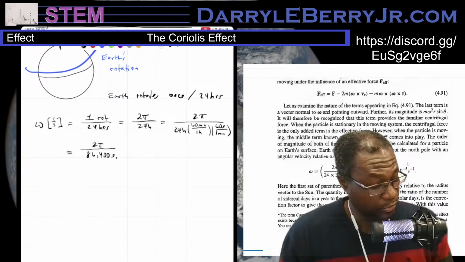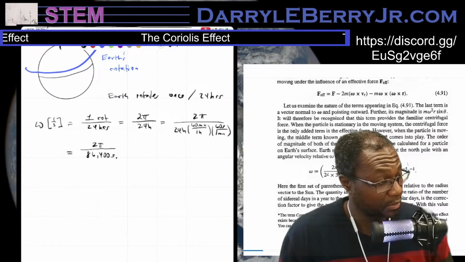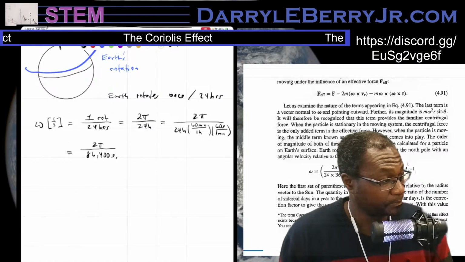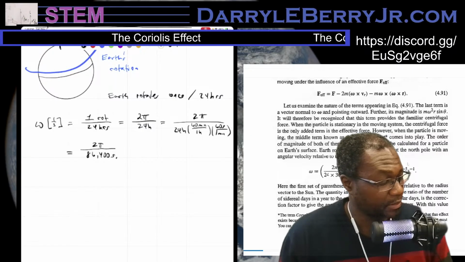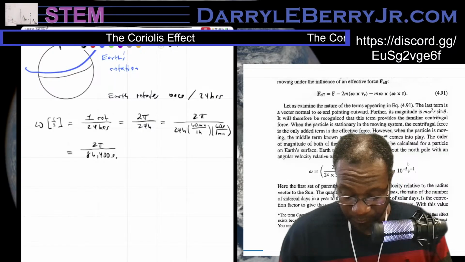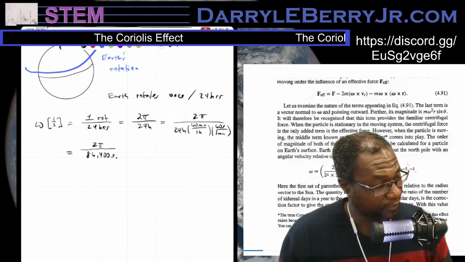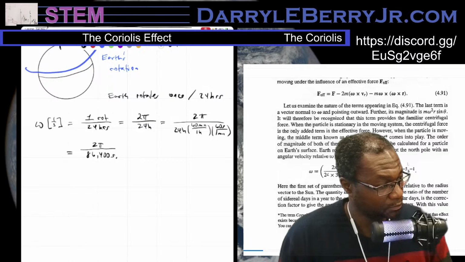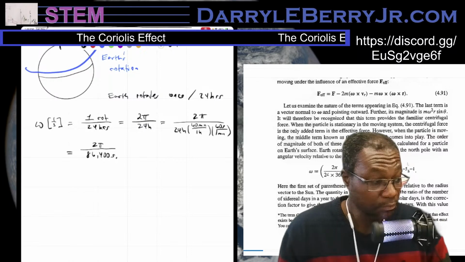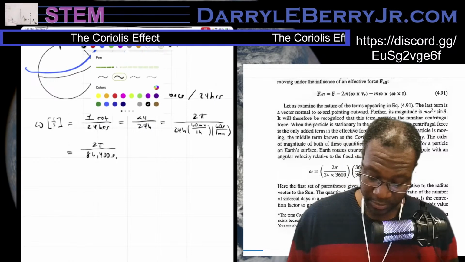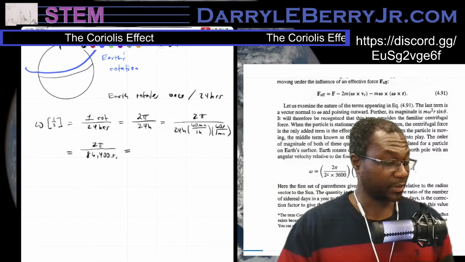Now, I'm trying to figure out what they're doing with the 366.5 and 365.5 thing. I think they're taking into account that the Earth has to make up for the leap year thing. Let me see what I get really fast when I divide this.